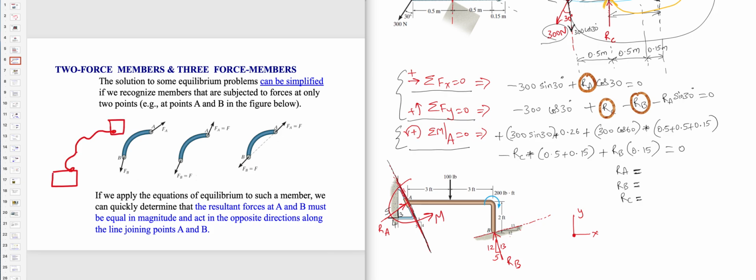No matter what the shape of the member is, the force of this member A acting on this member B would be just a line passing from A to B, or force acting on A due to B is the same but opposite, like that. So we don't care about the shape of the member.